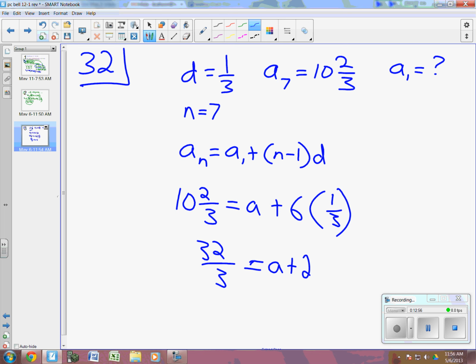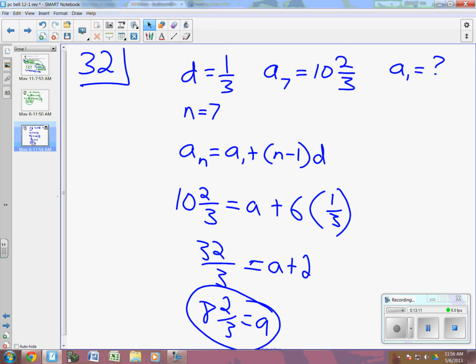Minus 2 from that. We probably could have just left it at that. 8 2/3, sorry. I thought we were going to be multiplying, but I forgot. 8 2/3. How many of you got that for the answer on that one? Okay. That's basically what we're doing on those problems right there.